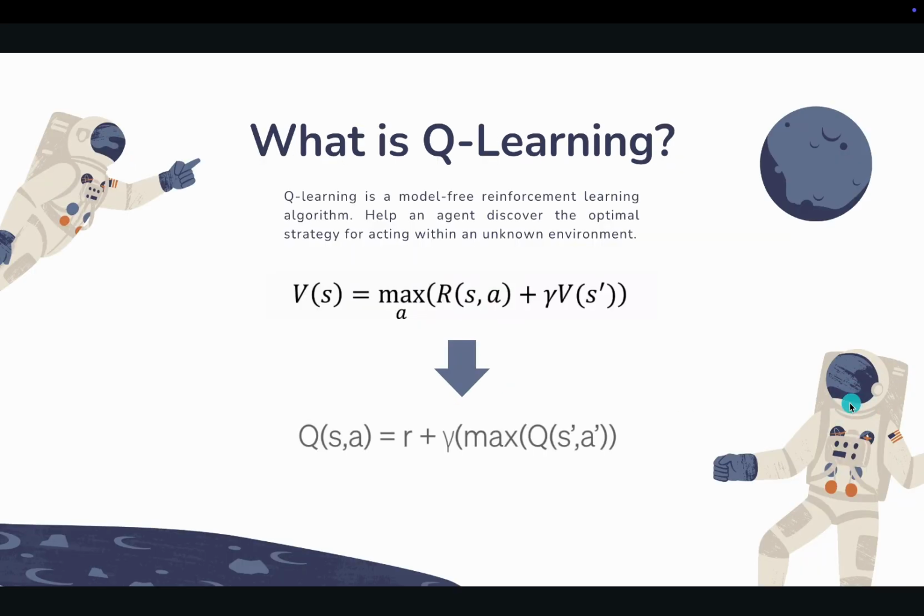What is Q-learning? As I mentioned before, Q-learning is a model-free algorithm. It teaches an agent how to act in an unknown environment. In order to maximize rewards over time, it uses an adaptation of Bellman's equation to find its Q value.